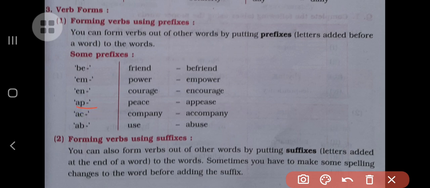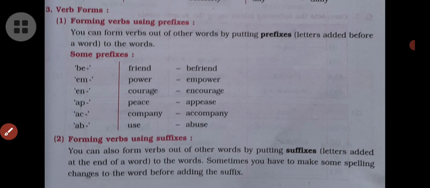A: if we put a before peace, it becomes appease. Accompany means to accompany. Ab, use: abuse. In this way we can form verb forms by adding some prefixes.